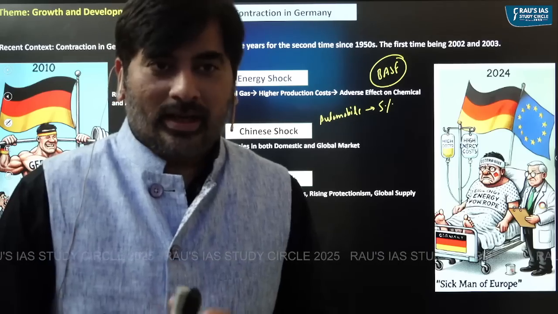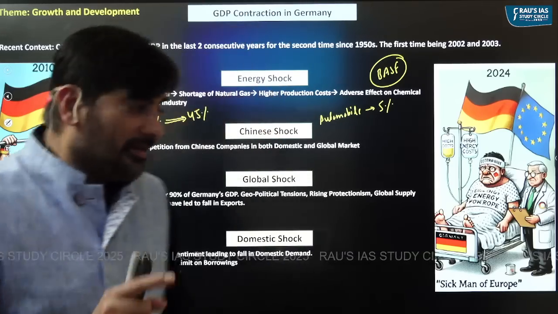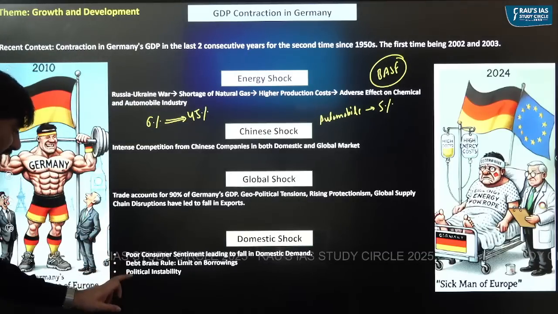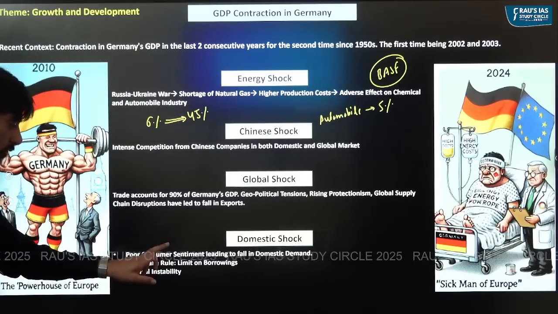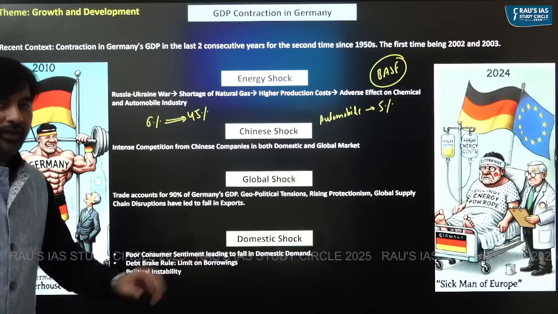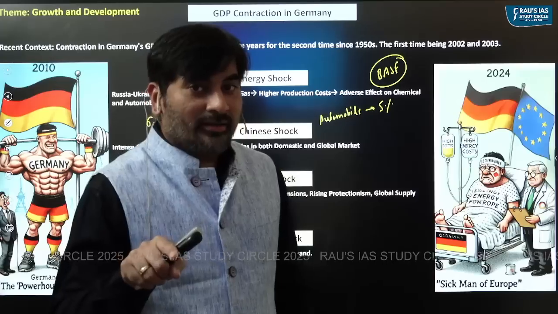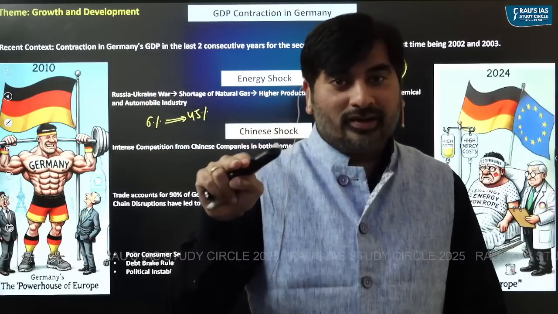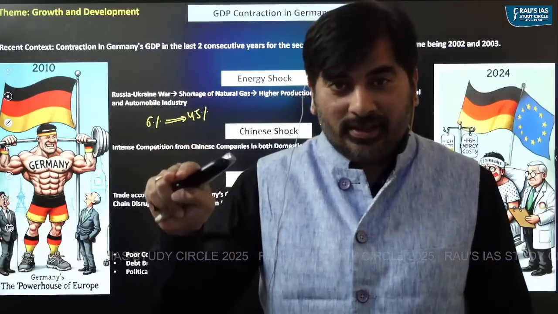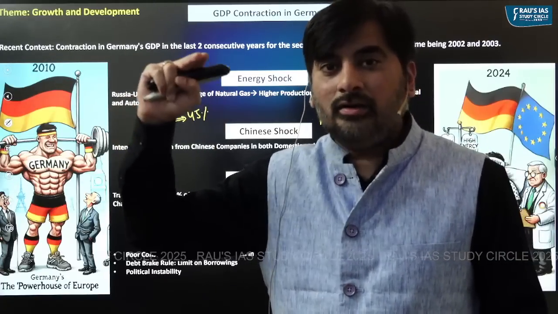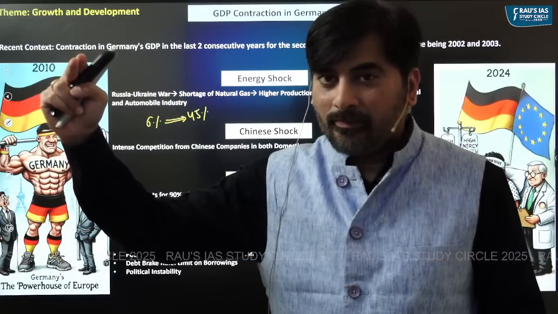But in Germany, the problem is the German government has adopted a debt brake rule, which puts a limit on borrowings. Like in India, we have the FRBM Act, right, which puts a limit on government borrowings at 3% of GDP. Same way in Germany also, there's a limit on government borrowings.